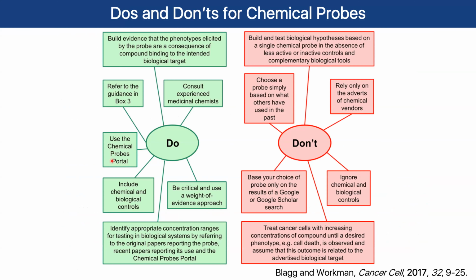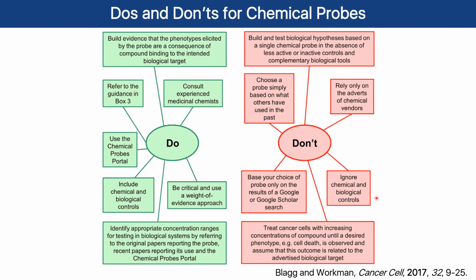So they're trying to promote their portal, which is actually a great resource. And so they said, check that first, right? And also, they recommend check with chemists, right? Or experienced medicinal chemists to look at the probe you want to use.